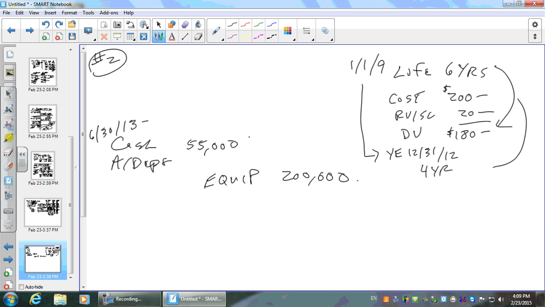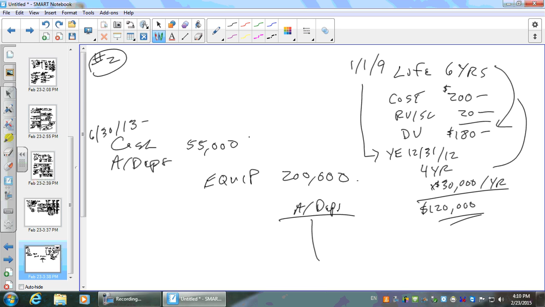So it's 30,000 per year for 4 years. How much is in accumulated depreciation? I would have debited depreciation expense and credited accumulated depreciation $30,000 4 times. Wouldn't I have 120,000 in there? You bet I would. So accumulated depreciation as of December 31st, year 12, is 120,000.